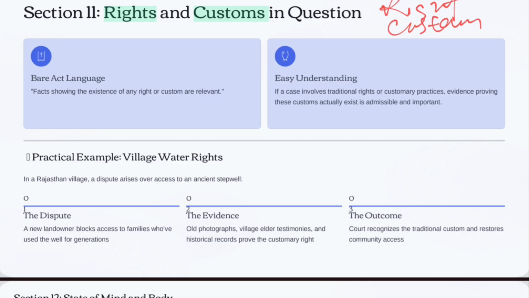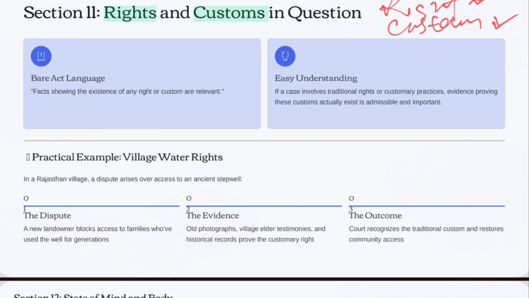If these things are in question, whether any right exists or not, or whether any custom exists or not, in that case, any fact which enables the court to believe that those rights exist or those customs exist are relevant facts.